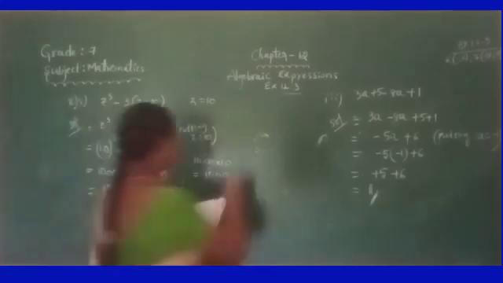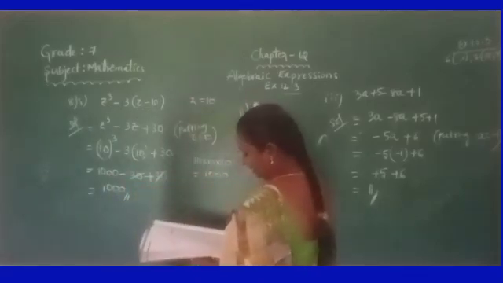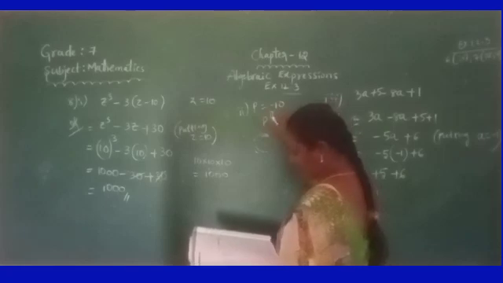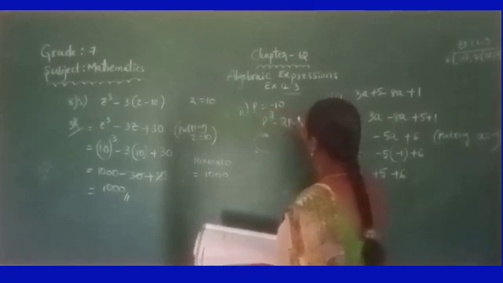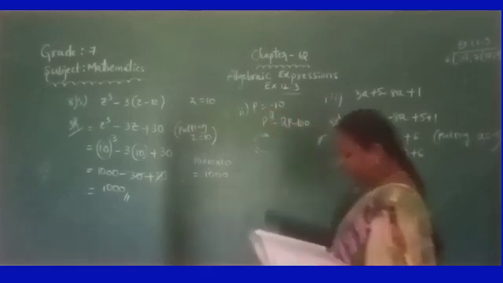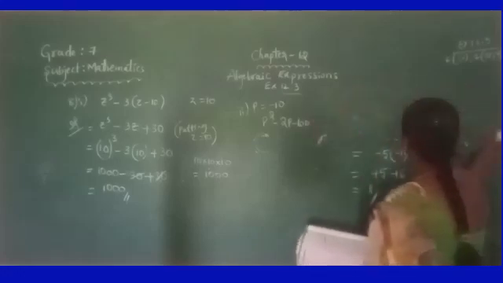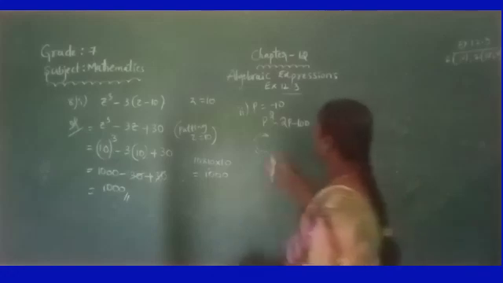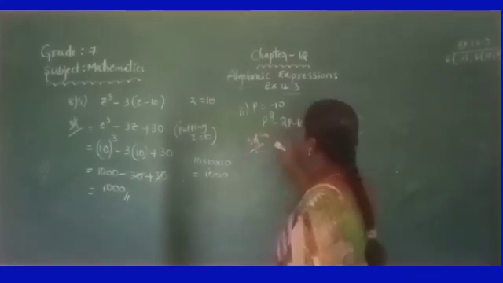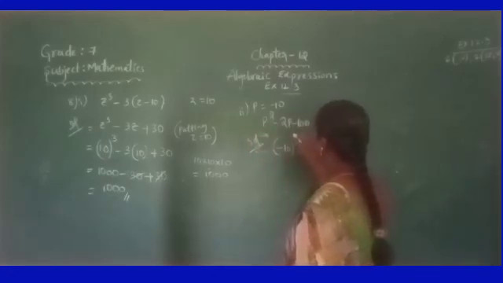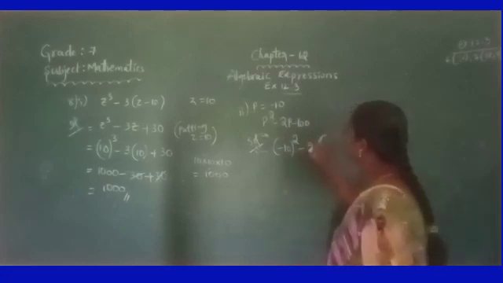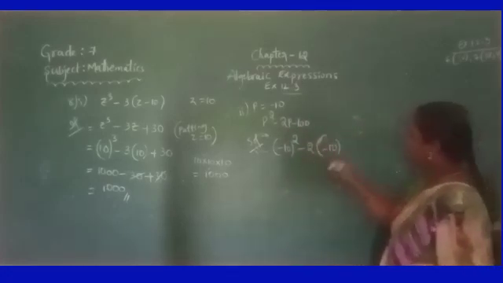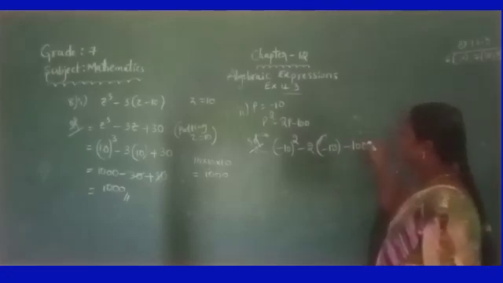Similarly, if p is equal to minus 10, then what is the value of p square minus 2p minus 100? Same procedure. So p square means minus 10 whole square, minus 2 into minus 10, minus 100.